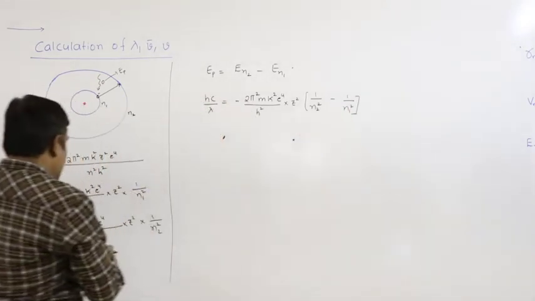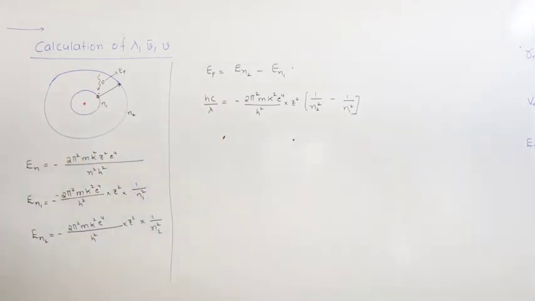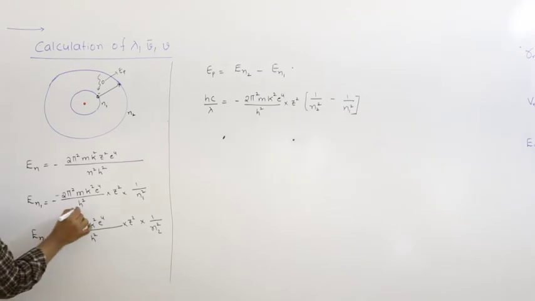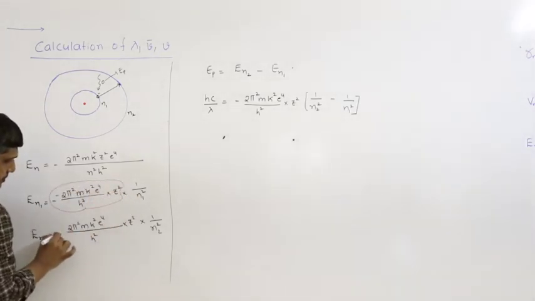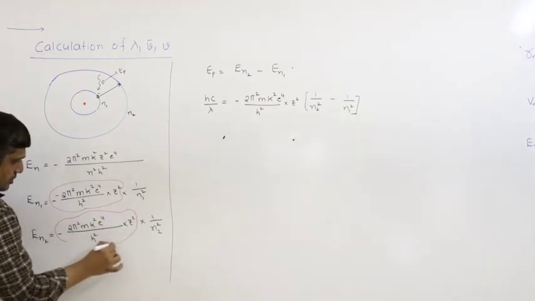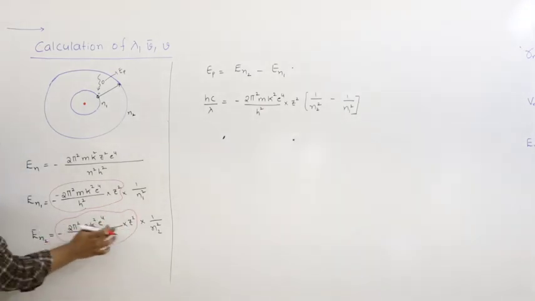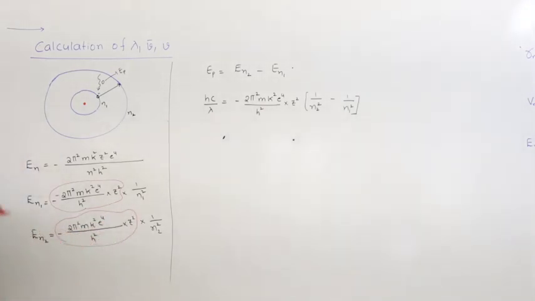I have taken this value as common. This is common for both. These are anyway constants. Z is the atomic number. I am taking one single atom, so the atomic number will be the same.